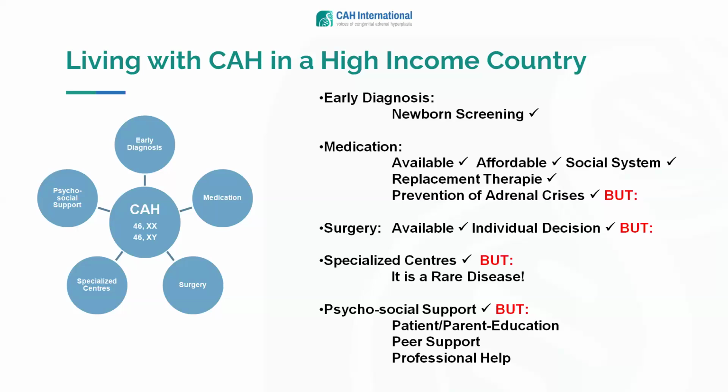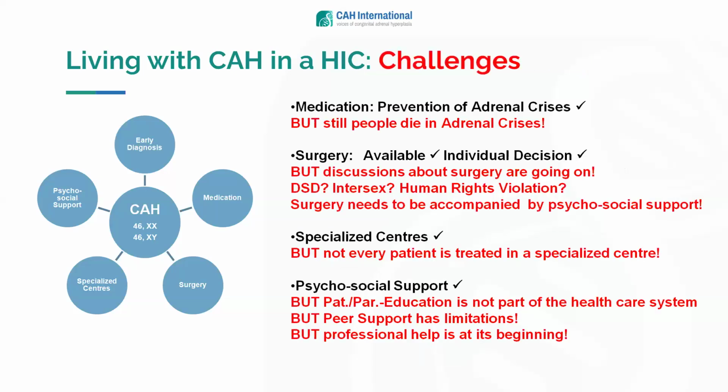We do have so many of these important factors for a good outcome, for a good life with CAH, but we face our challenges. So I didn't put the point early diagnosis, because in most of our European countries we have early diagnosis, in most countries via newborn screening.